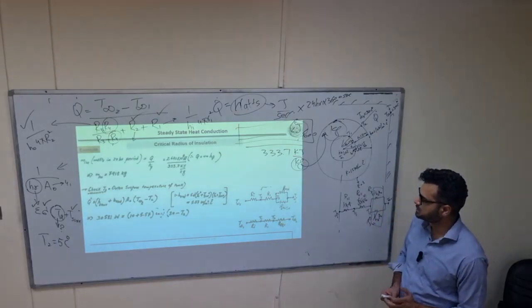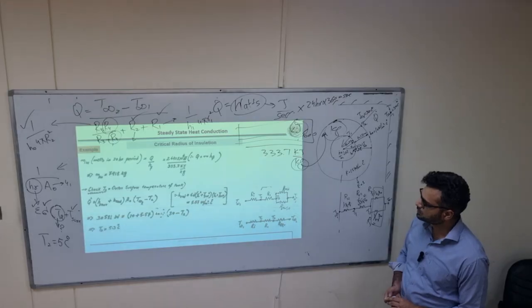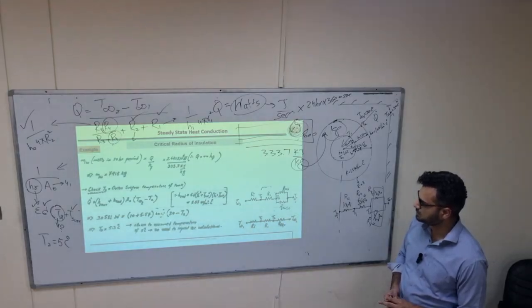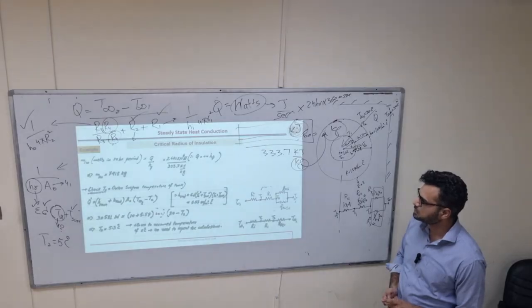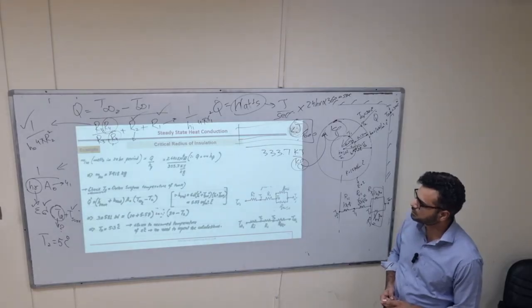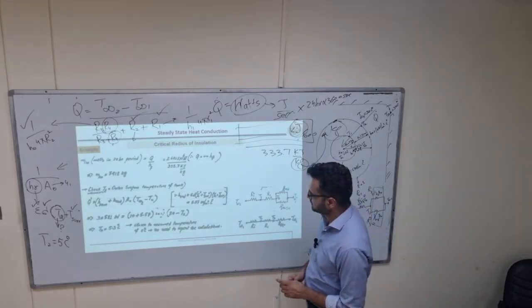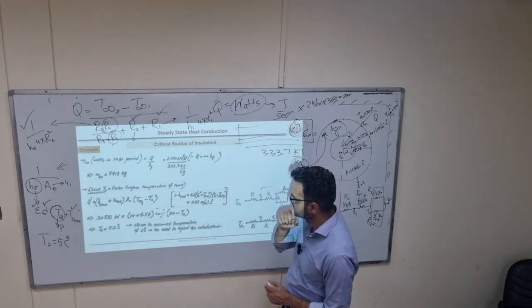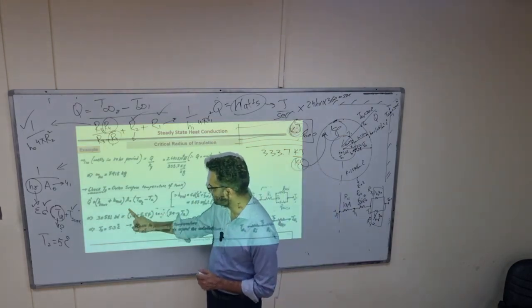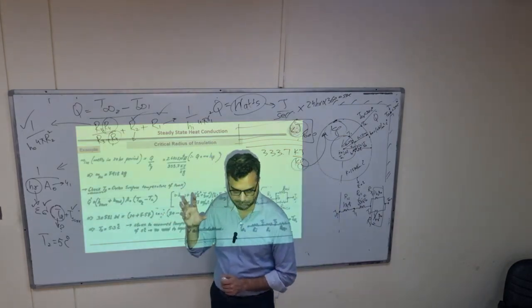What he is doing is using T2 from the resistance, and calculating. So it means in H radiative, he is still using 5.